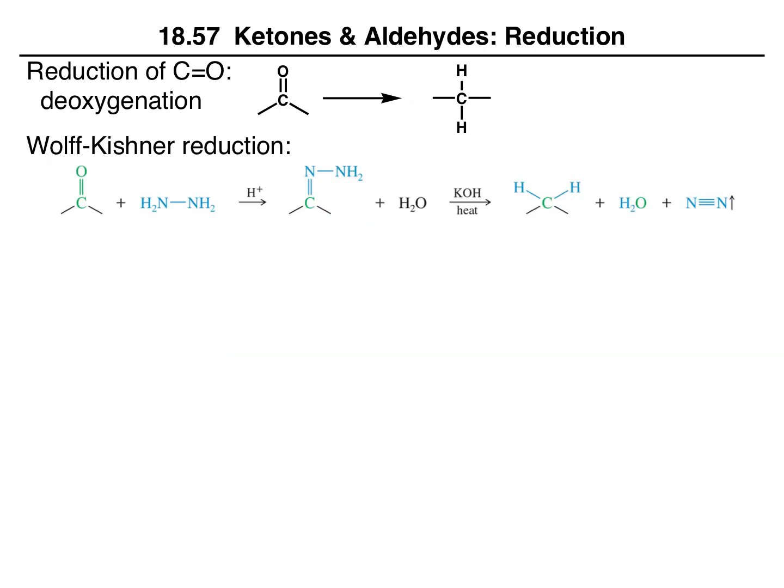We talk about the Wolff-Kishner reduction in this chapter because it goes through the formation of a hydrazone, which is a specific type of imine. So if we think about the mechanism, we can imagine either one of these nitrogens acting as a nucleophile, sharing electrons with the carbonyl carbon, and this is going to lead to an intermediate that looks like this.